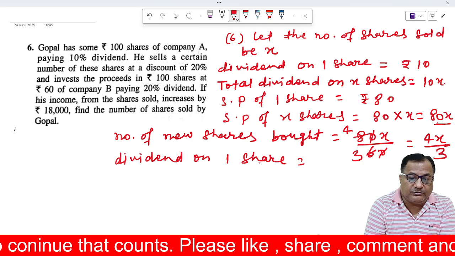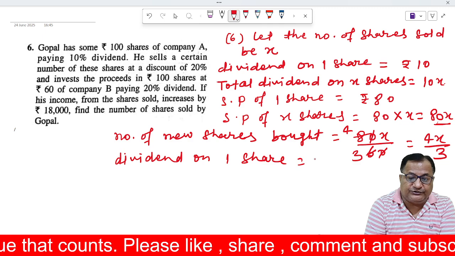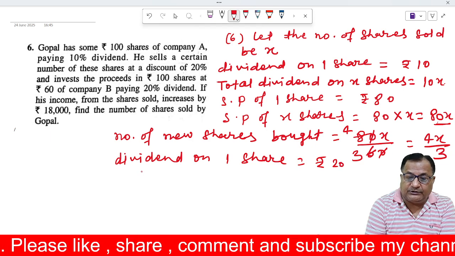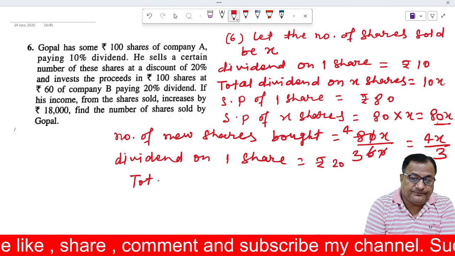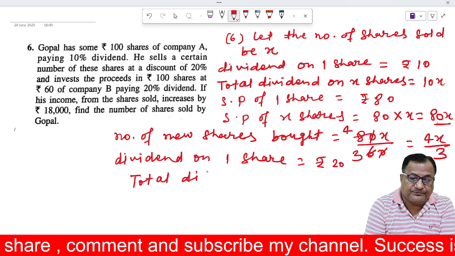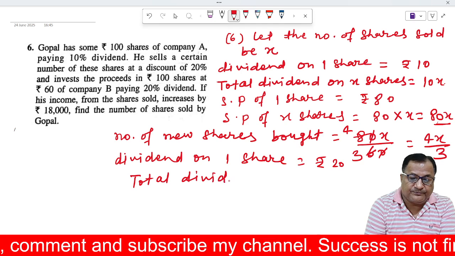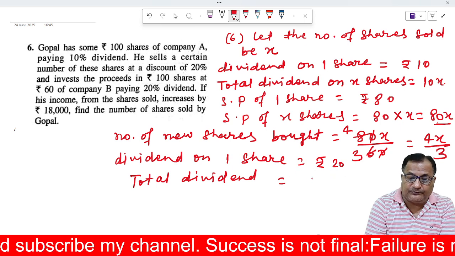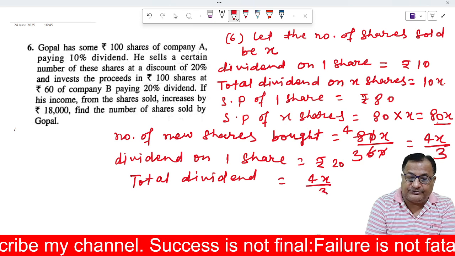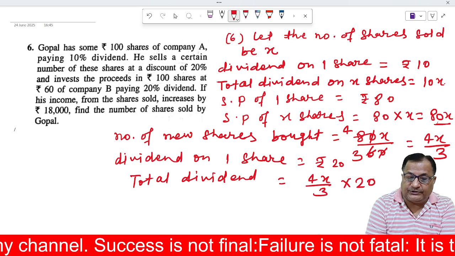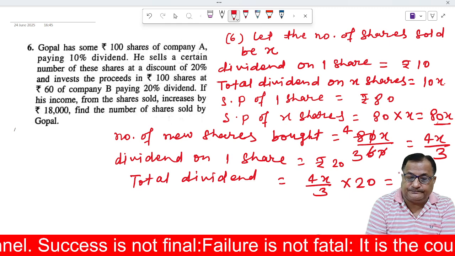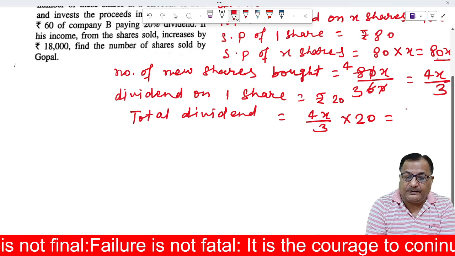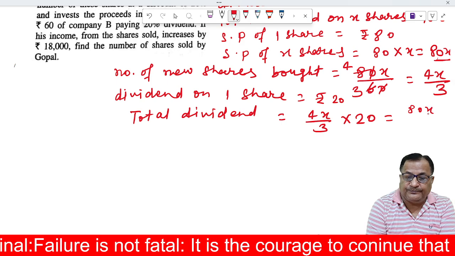So the dividend on one share is rupees 20, and then the total dividend is equal to the number of shares, 4x by 3, into 20, which means 80x by 3.